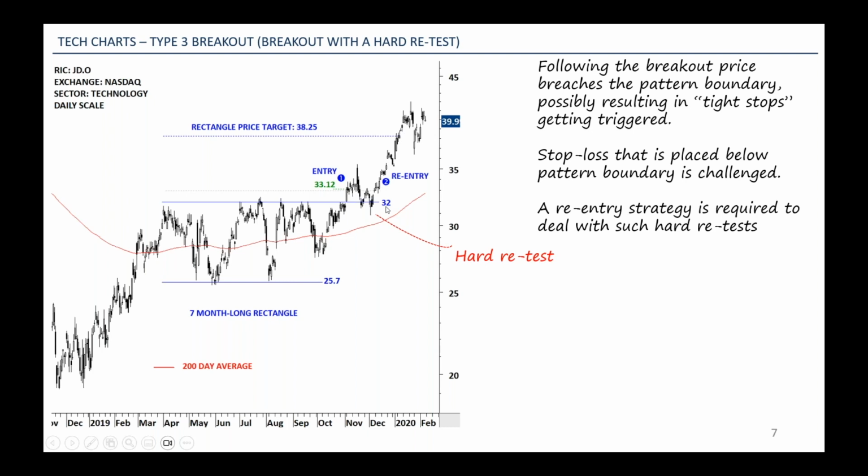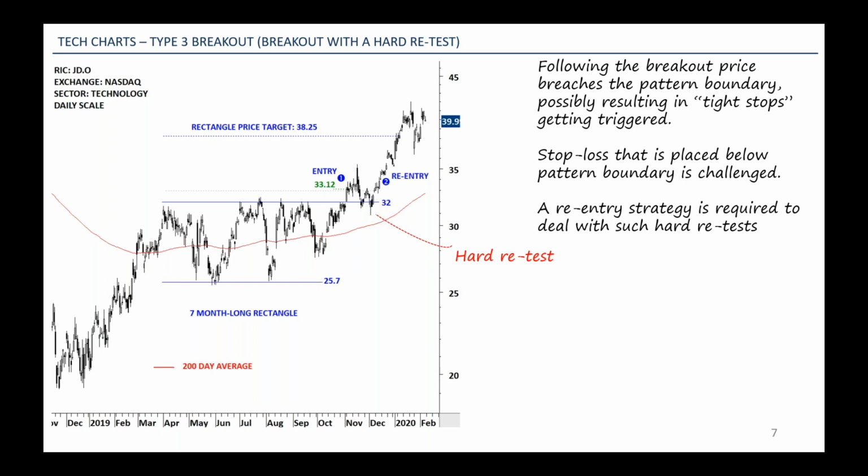Now, when you're looking at type 3 breakouts, you should have a re-entry strategy, or you would tell yourself that once I'm stopped out from a very tight stop loss, an aggressive trading strategy that I'm applying, okay? So the protective stop is right below the chart pattern boundary, and you're trying to capture 1 to 3, 1 to 4 upside potential, but you get stopped out.